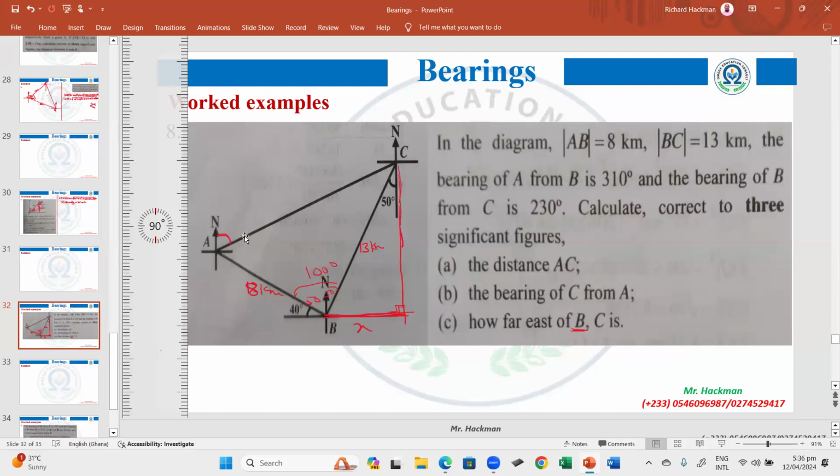I want someone to guide us as to how to find the size of this angle. I'm waiting.